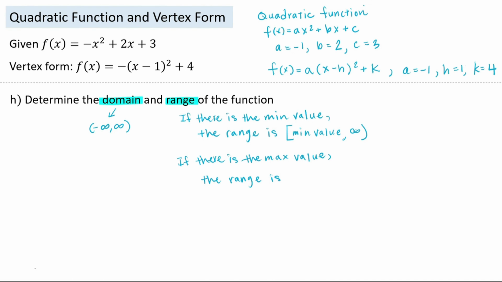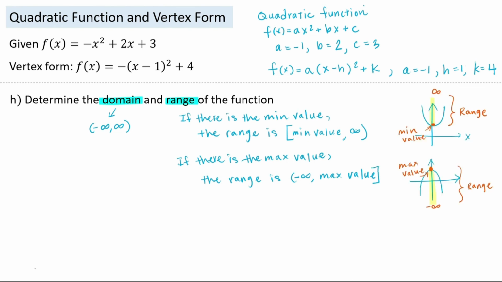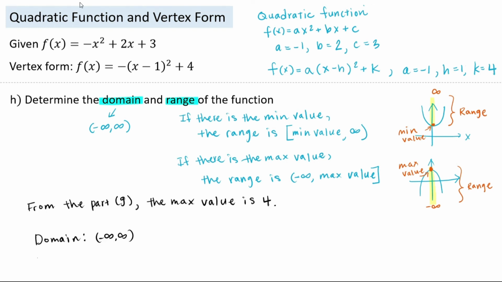If there is a maximum value, then the range is from -infinity to the maximum value included. From the previous part, we know that there is a maximum value, 4. So the range is from -infinity to 4 included.